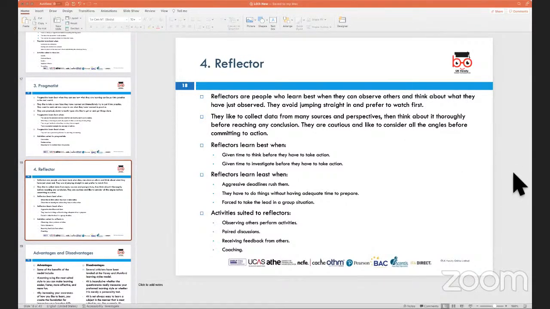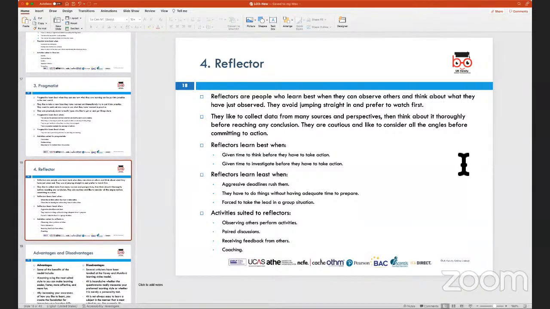So these people generally do not rush to take up aggressive deadlines. For example, if a manager gives out a job and says, we need to finish this up today, they would take their own time and look at a rationale: how it will be done, how long it will take to complete one task. They'll observe others and then commit to a timeline.